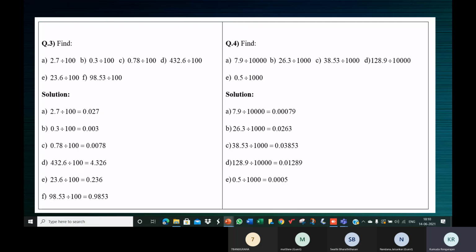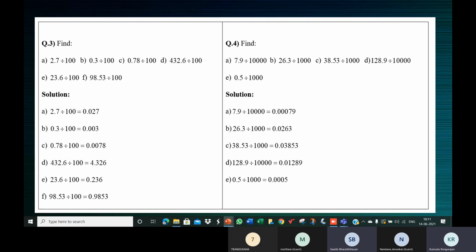Tell me, how many decimal places in 98.53? Ma'am, 2 decimal places. How many zeros in 100? 2 zeros in 100. So now what should you do with 2 and 2? We have to add, so we'll get 4. Not 4 zeros, 4 decimal places.